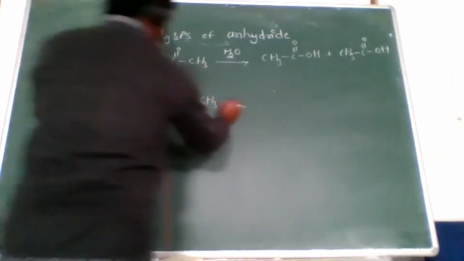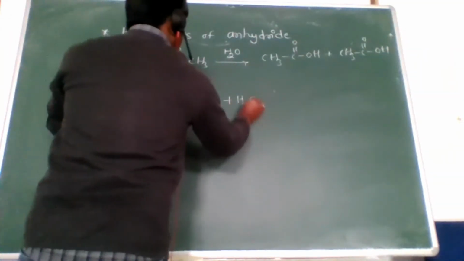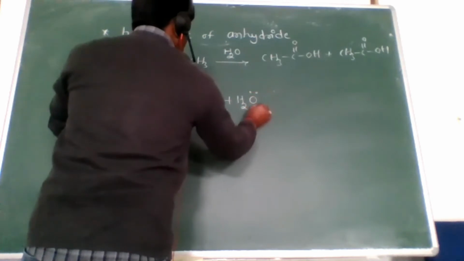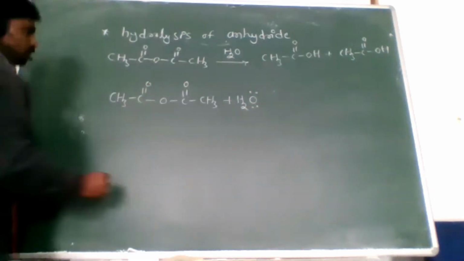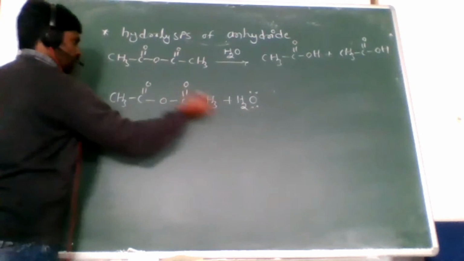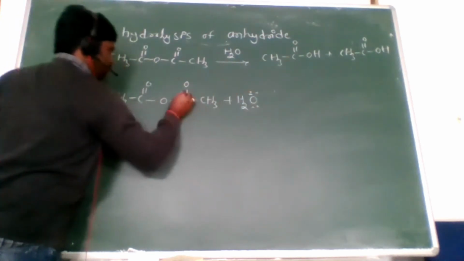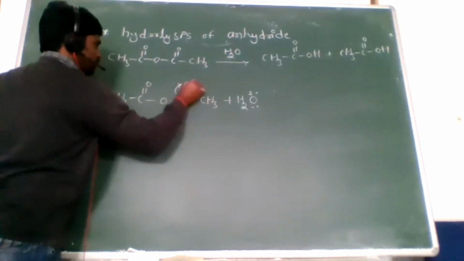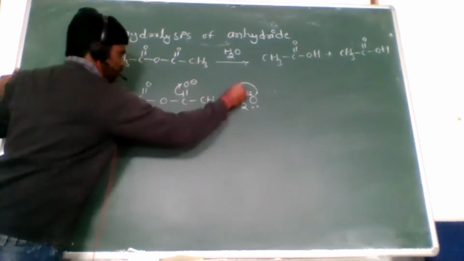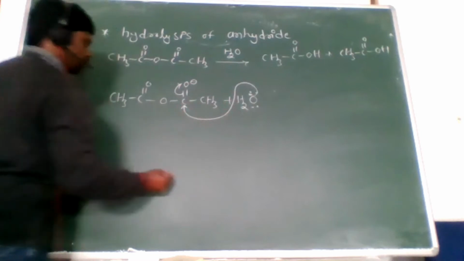Right. I'm adding a water molecule to that. The oxygen consists of a lone pair of electrons too. Right, now here, this lone pair of electrons, for example, this electron shifts to the oxygen side. Now these two electrons come to the carbon. So finally, what is formed here?